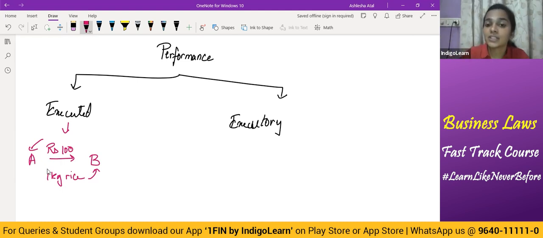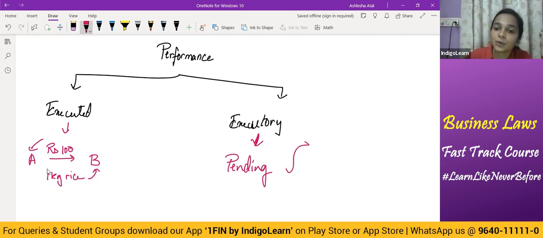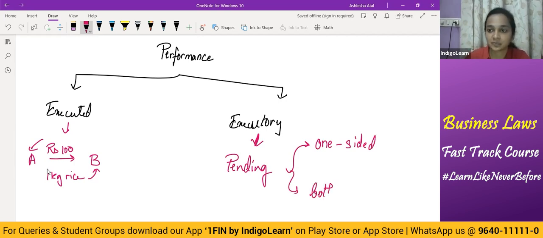However, when we talk of executory, the name itself suggests that there's something which is pending. Executory contracts are those contracts wherein the performance is pending or the performance is due. Now, this performance can be due one-sided, that is from one party's side, or this performance can be due from both the parties' end.